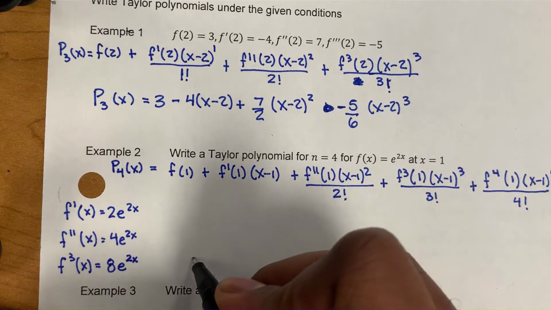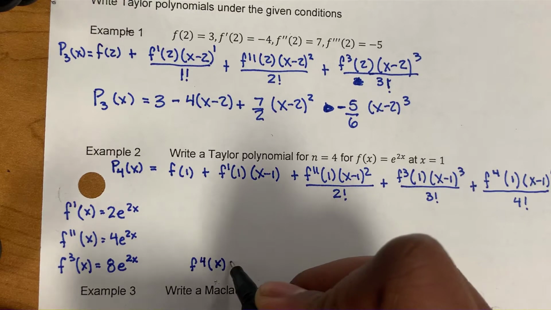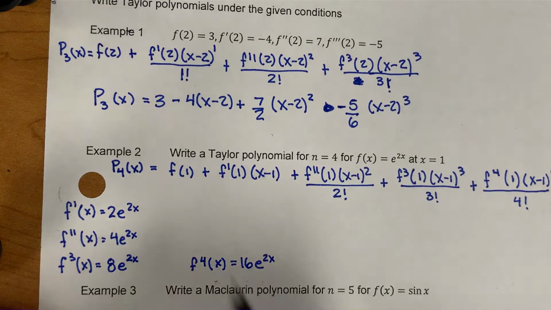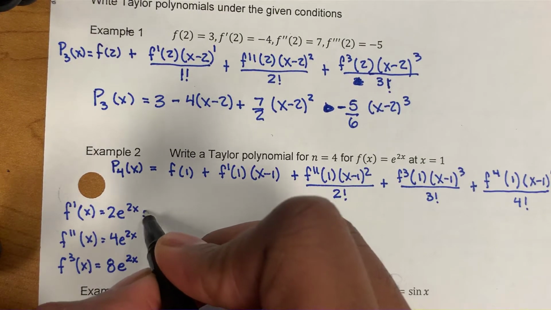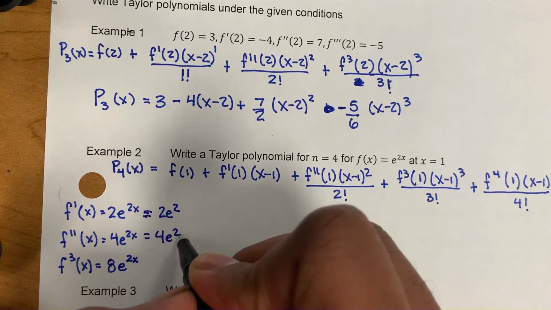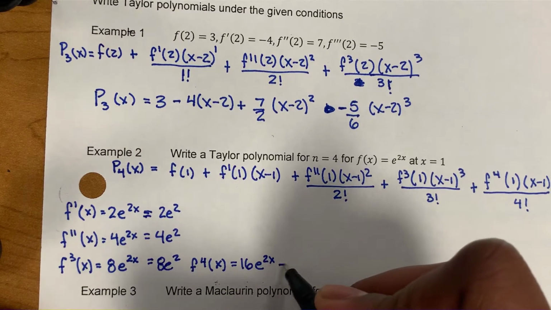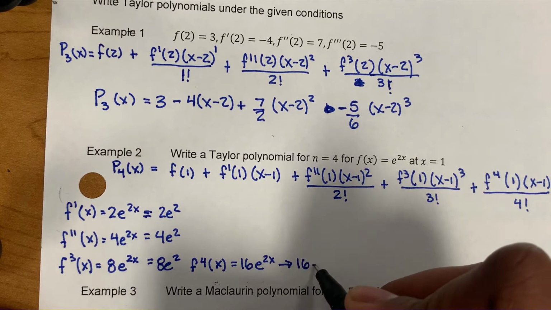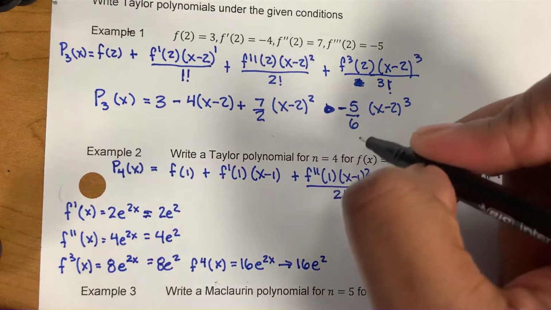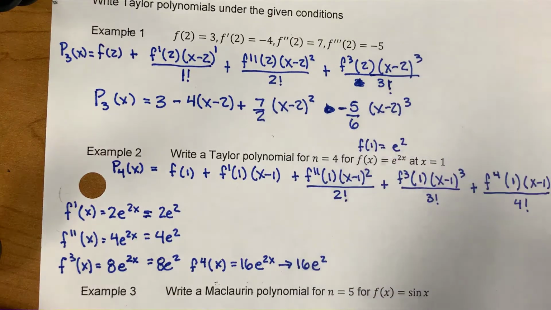And our fourth derivative is 16e to the 2x. If we substitute in 1 for each of these, we would get 2e squared, 4e squared, 8e squared, and 16e squared. And also f of 1, if we fill this in, is equal to just e squared.